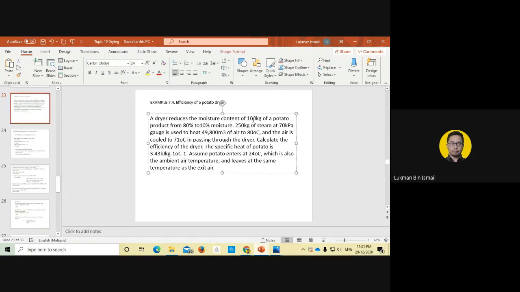So I'm going to copy this instruction or question and post it in the e-learning. You are supposed to read the instruction in the e-learning for this new assignment, and then do it.